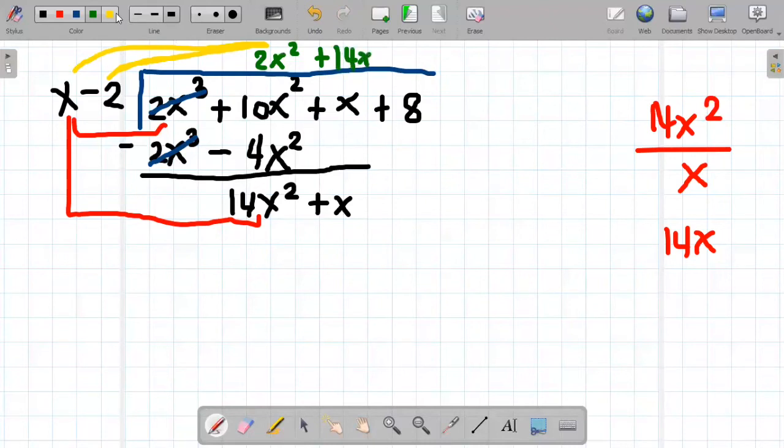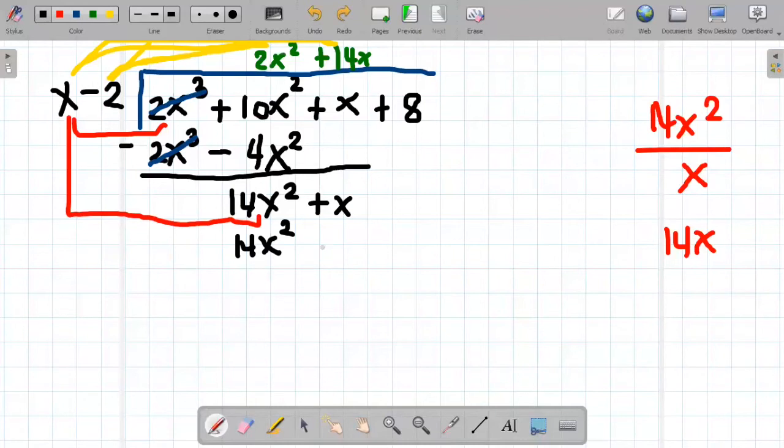Okay, so from here, we multiply. Positive 14 times x, the answer is positive 14x squared. Then we have positive 14 times negative 2. That's negative, and 14 times 2 is 28.